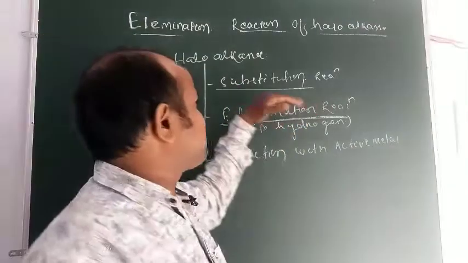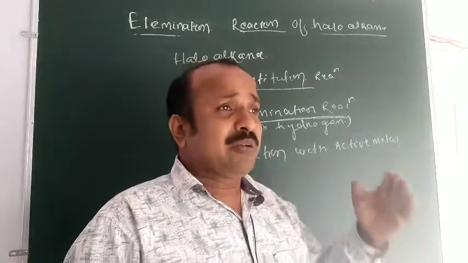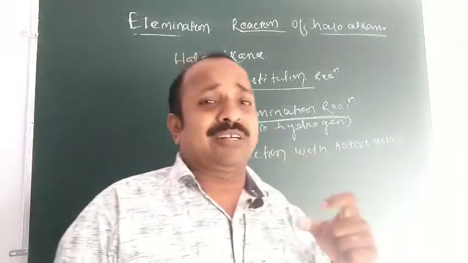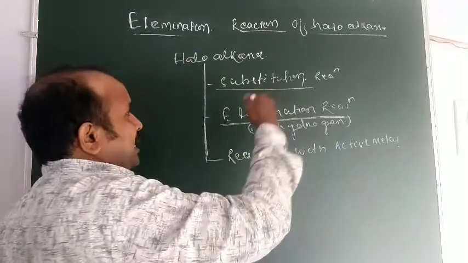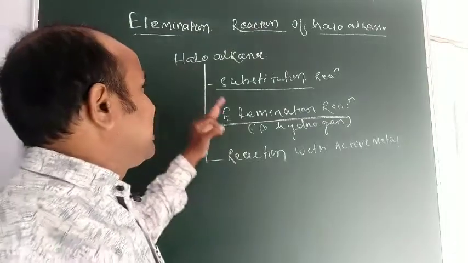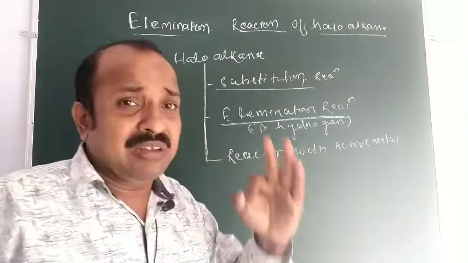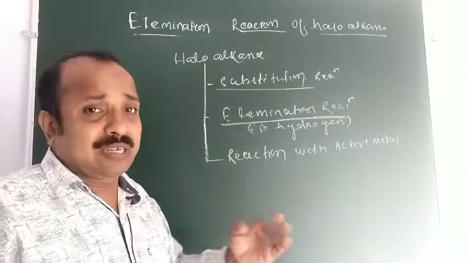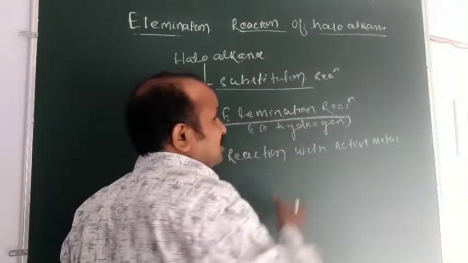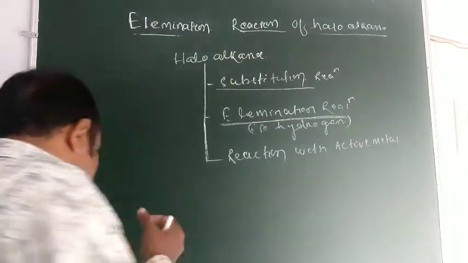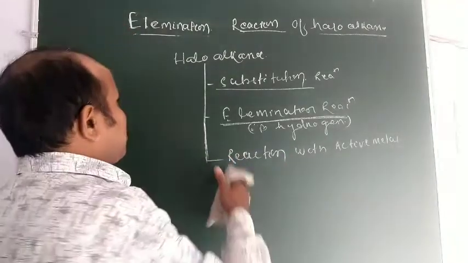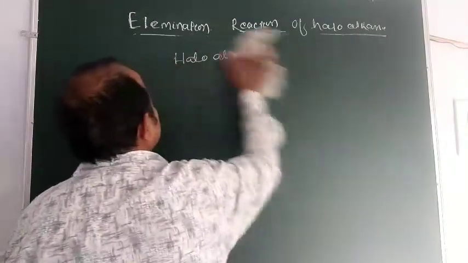There is a lot of confusion between the substitution reaction and the elimination reaction. In the substitution reaction there is also a hydroxide ion, also KOH. A very thin line differentiates them. If it acts as a nucleophile, it takes the substitution reaction, but if it acts as a base, then it gives the elimination reaction.